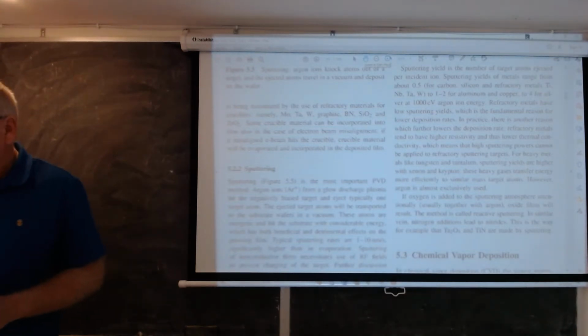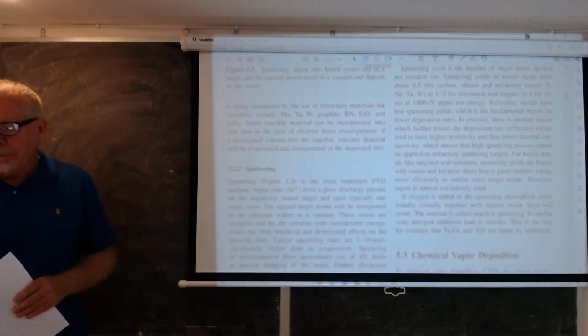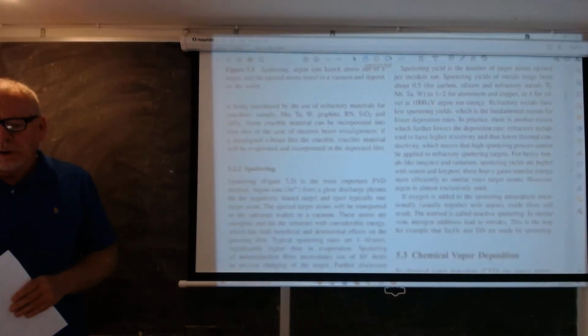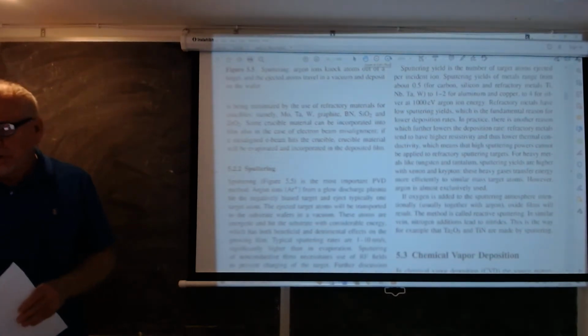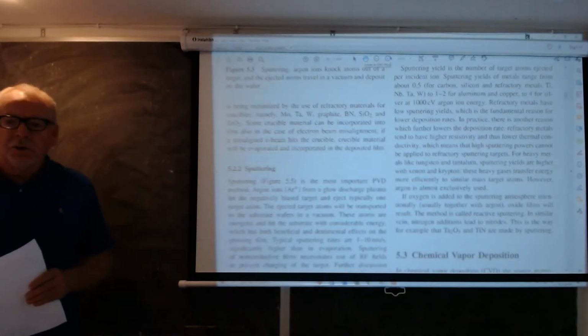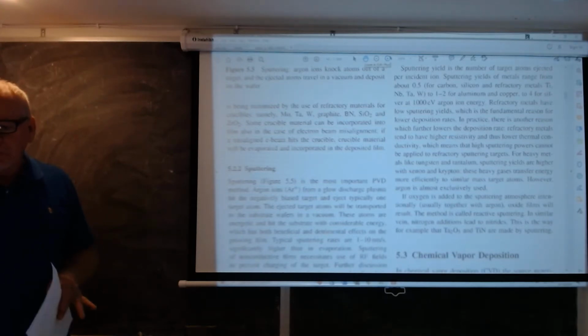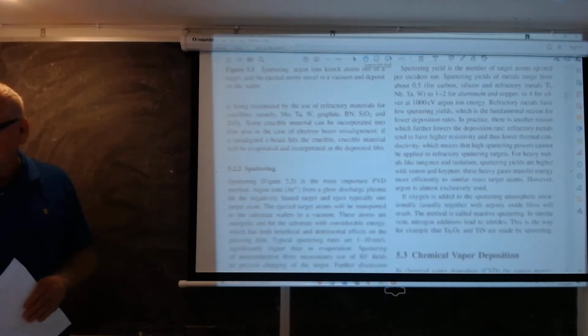And what you've learned so far is that sputtering is done by introducing what's called a plasma, or an ionized gas, into the chamber. And that ionized gas, the ions strike the target material, which then gets knocked off and flies off and hits the substrate and deposits your film.